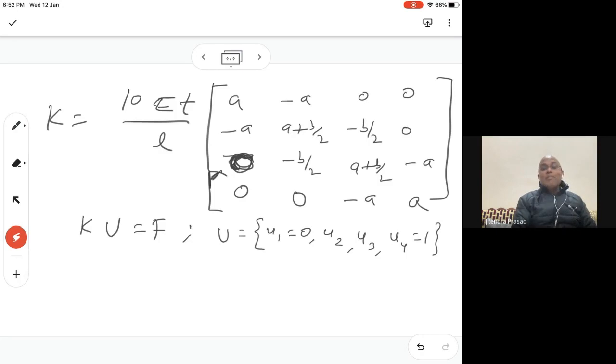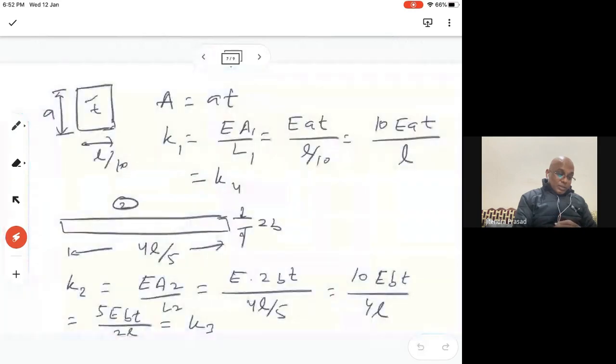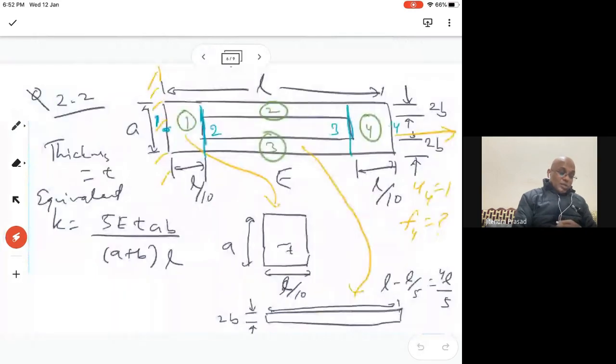You are doing an experiment in which the left end of this structure you are fixing, and on the right one you are giving a unit displacement, and you want to find out what is the force that you need to give that unit displacement. That would be the stiffness, the equivalent stiffness. That's what you are doing.